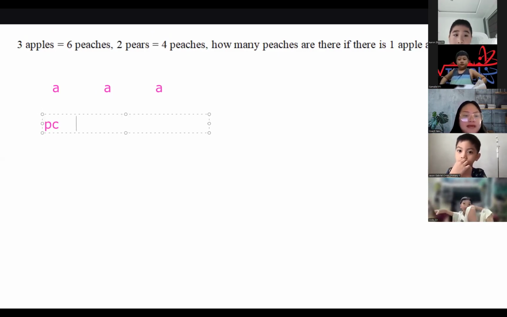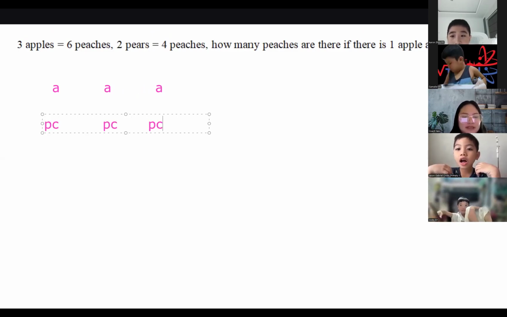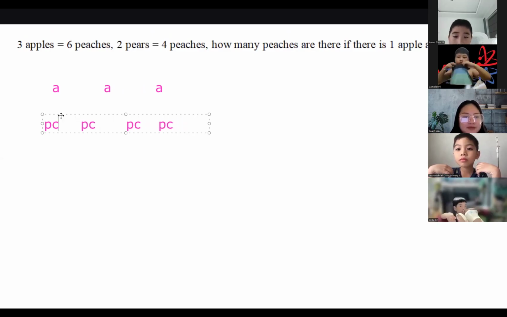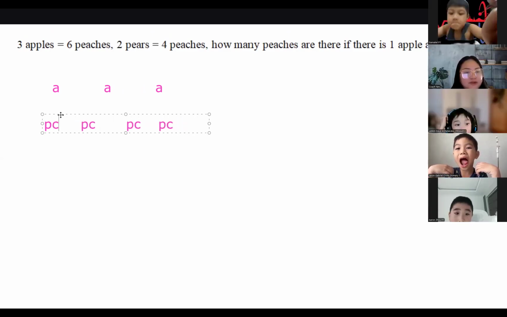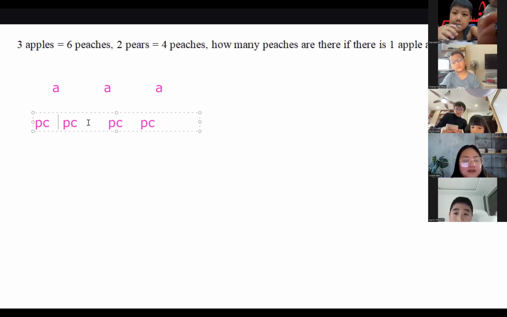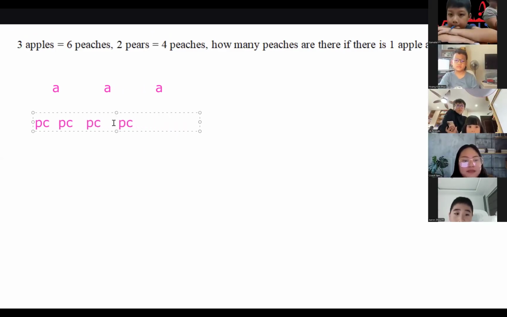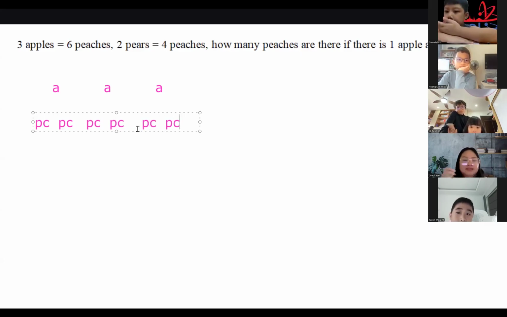Oh, peaches pala, not pears. That's why. Sige, sorry, I misread. Thank you for raising this one. So you have peaches, peaches, and peaches. I thought it was pears.